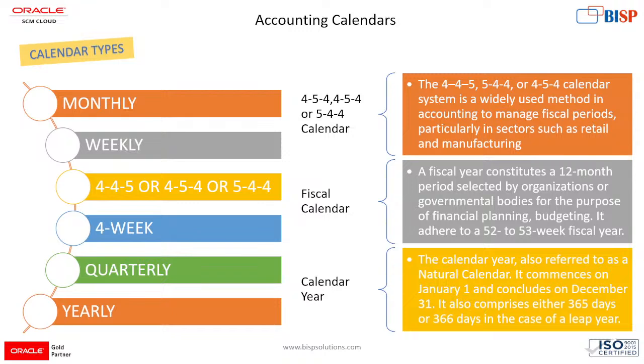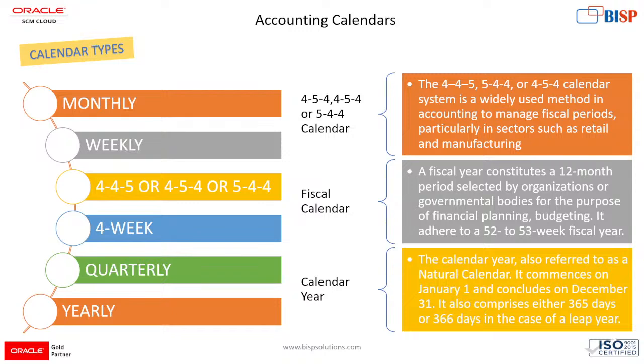It is more reliable to compare the same week or month in the previous year. Additionally, one drawback of the 445 calendar is that it only has 364 days, necessitating the addition of a 53rd week every 5 or 6 years, complicating year-on-year comparison.